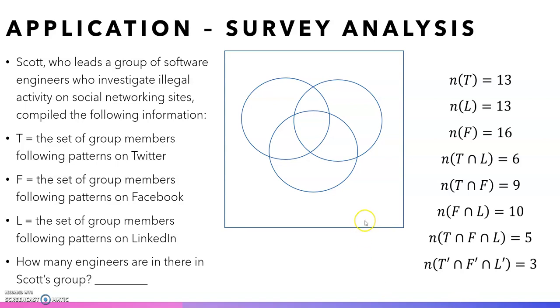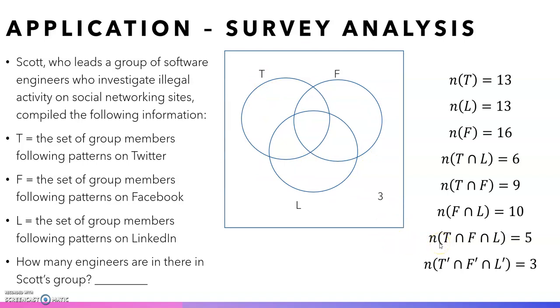There are 3 sections we're talking about here: Twitter, Facebook, and LinkedIn. The number of engineers that are not in Twitter, Facebook, or LinkedIn is 3. Not in any of those, so it's going out here in the universe.